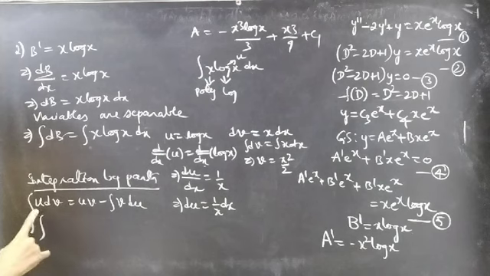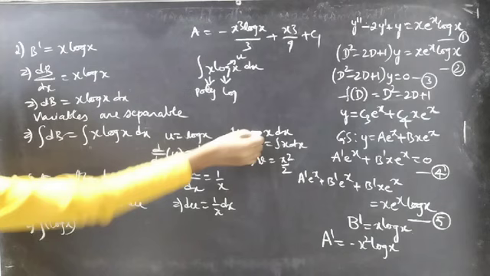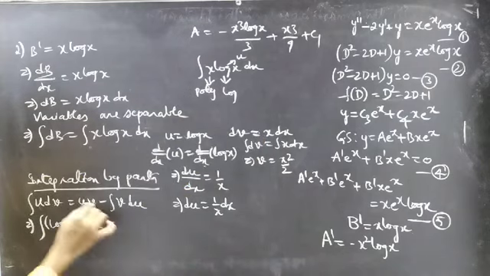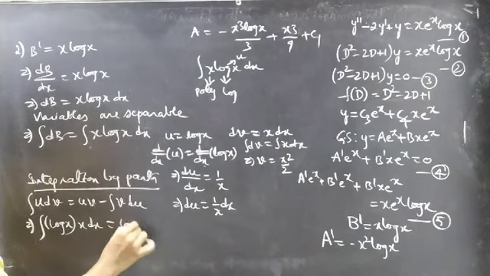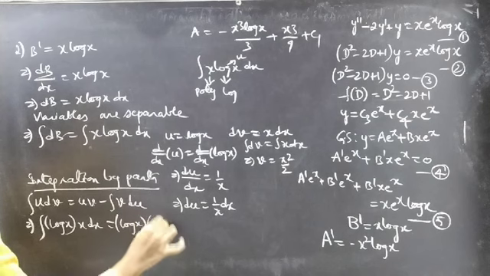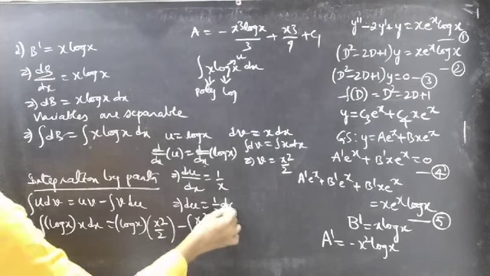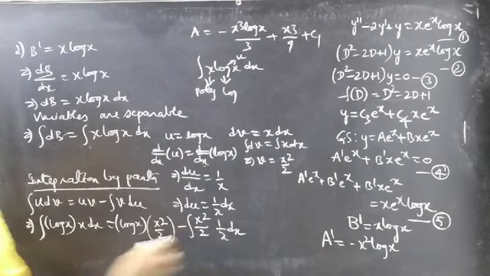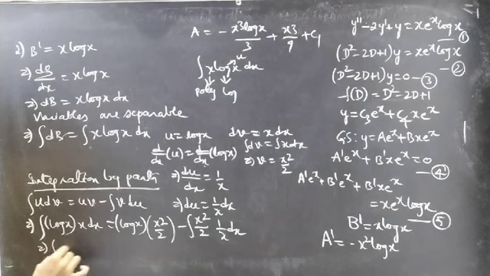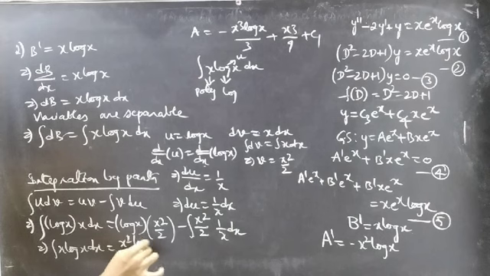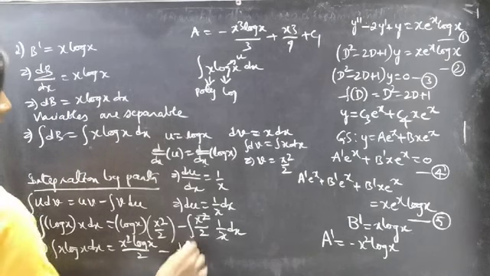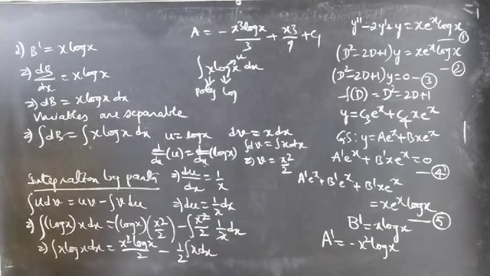We'll get integral u, which is log x, into dv, x dx, equal to uv, u into v, x square by 2, minus integral v into du, which is 1 by x dx, which gives us integral x log x dx equal to x square log x by 2 minus 1 by 2 into, if the x gets cancelled, you'll get integral x dx, right?